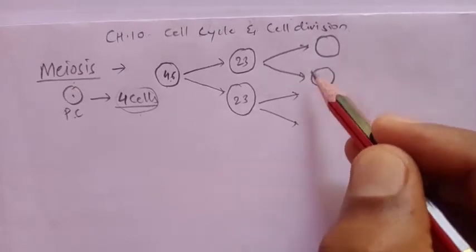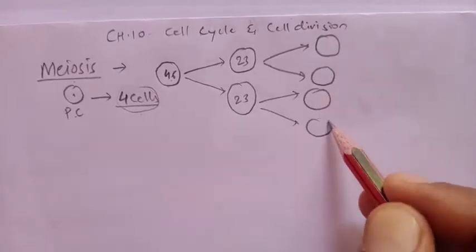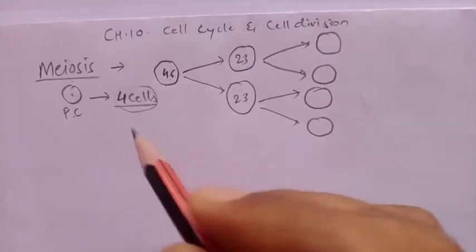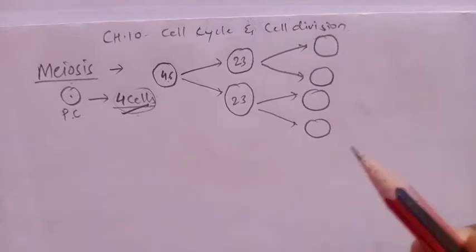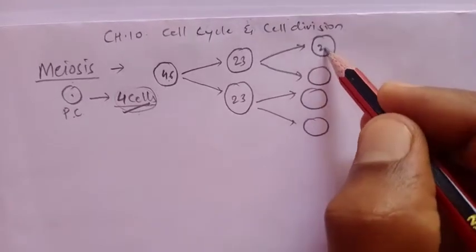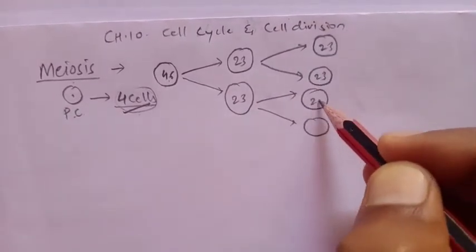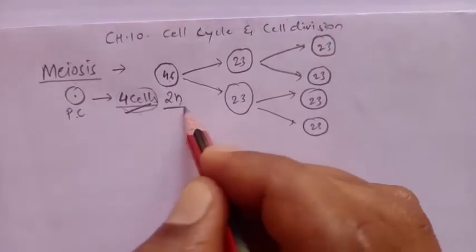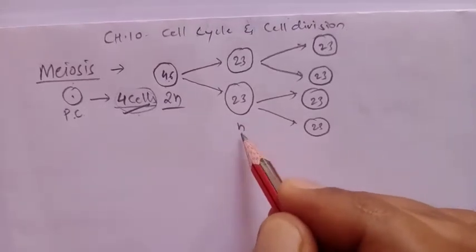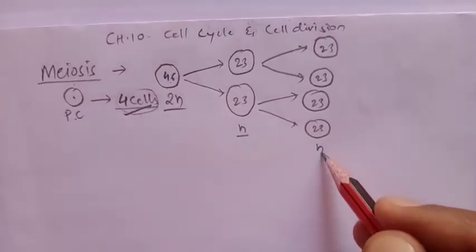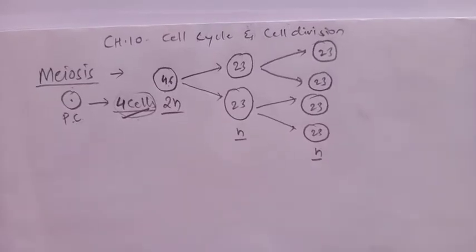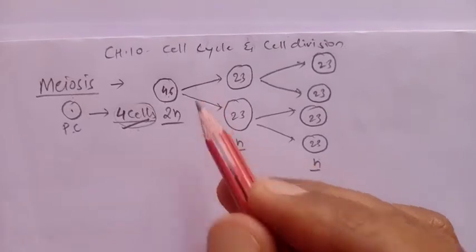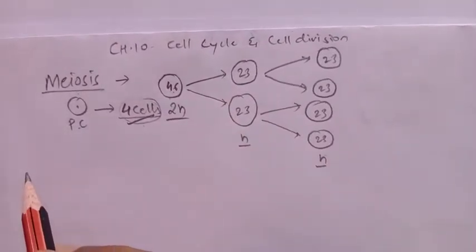So at the end of meiosis, 4 daughter cells are formed, receiving 23, 23, 23 and 23 chromosomes. The parent is 2n diploid, and these are haploid. This is meiosis, and we'll go through the details now.